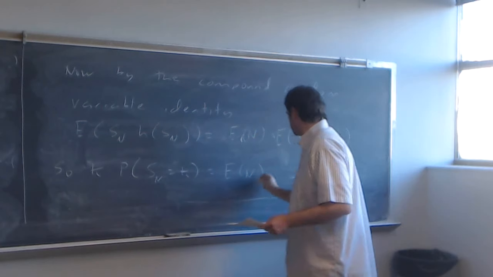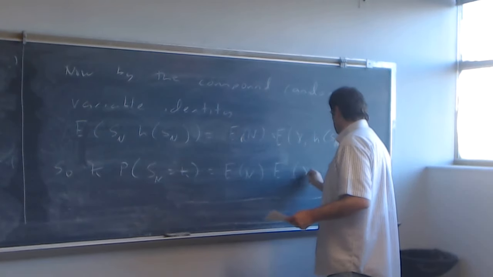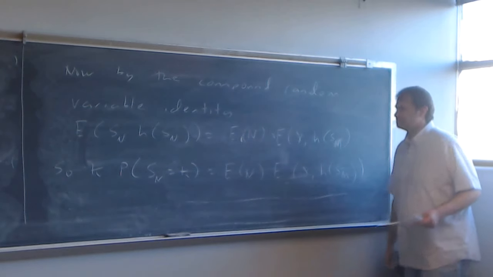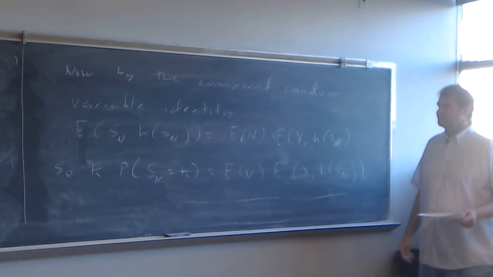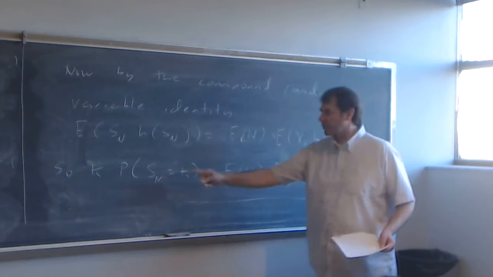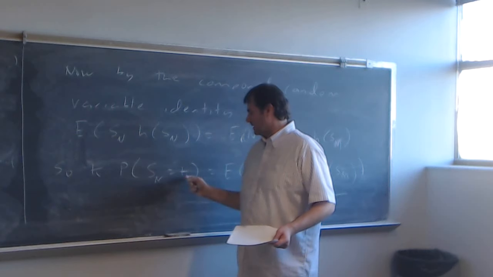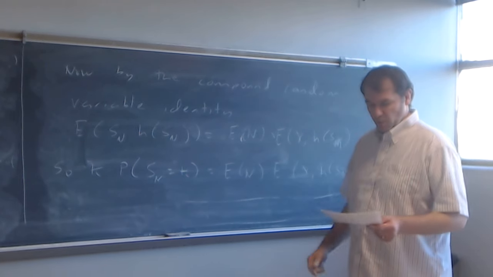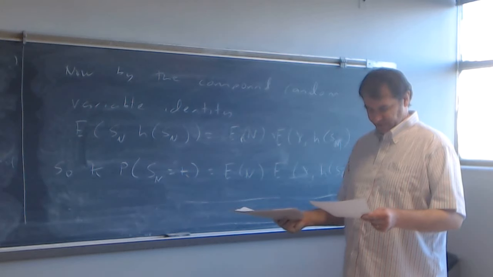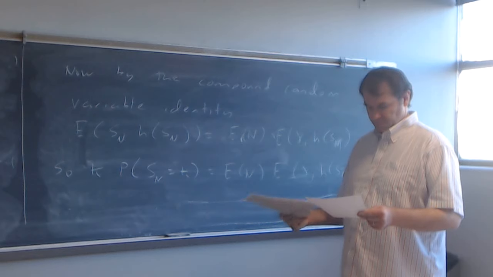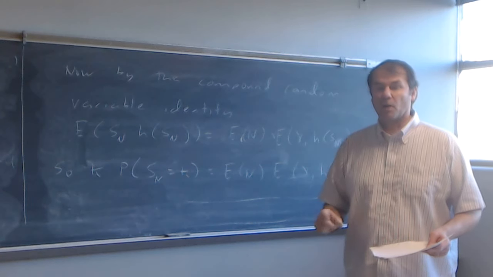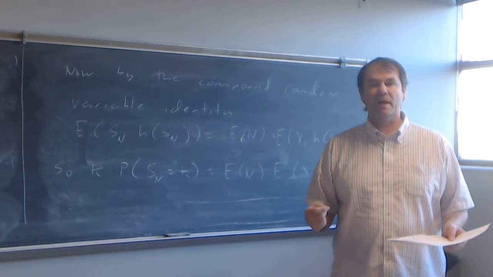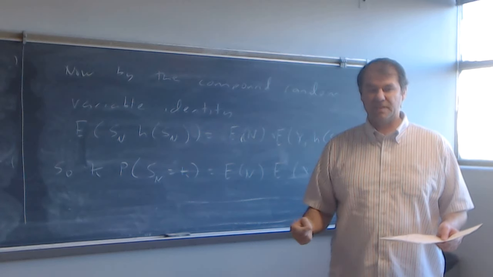Now, we want to solve for the probability that S of N is equal to k. One of the things that maybe I didn't emphasize in the identity, or in this corollary, is that the k that we're dealing with here is greater than 0.